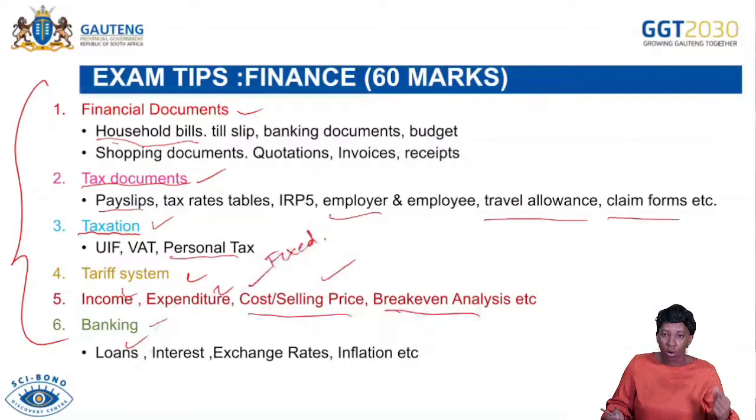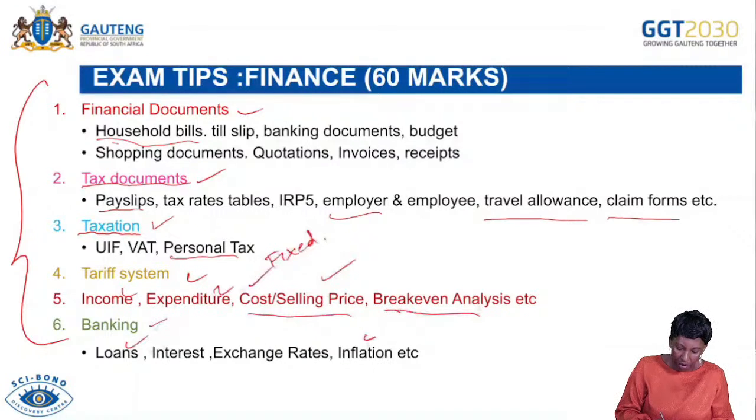For that $1, in South Africa, I'll be paying 19 rand. So if they say a cup of tea is $2, with South African currency I'll have to pay 19 rand times 2, 38 rand, for 1 cup of coffee if I'm overseas.